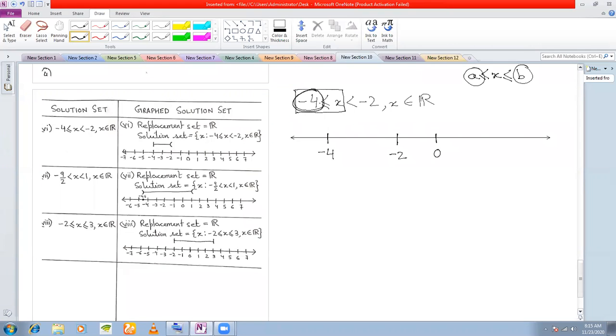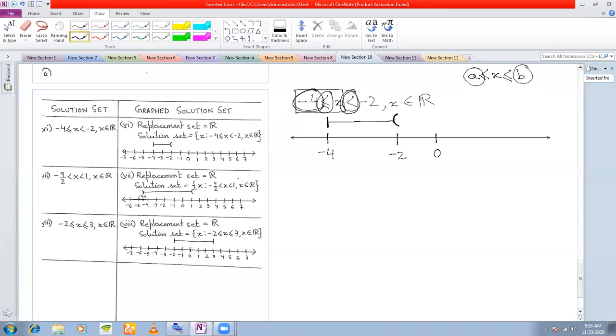Now you have an equality sign here, but you don't have an equality sign here. Because you have an equality sign attached to minus 4, you will give a vertical line just above minus 4, because x is touching minus 4. And because you don't have an equality sign attached to minus 2, you will give a curve here, because you're not touching minus 2, and you will join these two.